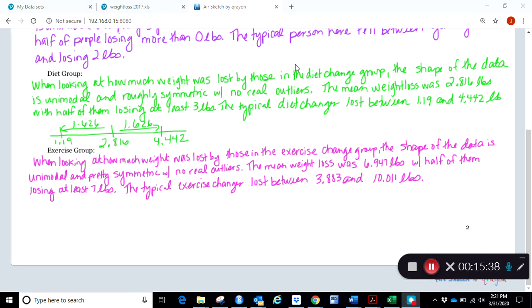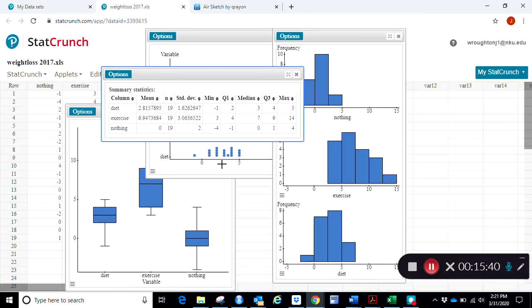Now for the exercise group. So finally looking at the exercise group. Here, from looking at the graph, it definitely looks much more skewed. However, if I look at the mean and median again, 6.95 versus 7, those are actually very, very close, giving me a pretty strong argument that I could say that they were pretty symmetric as well.